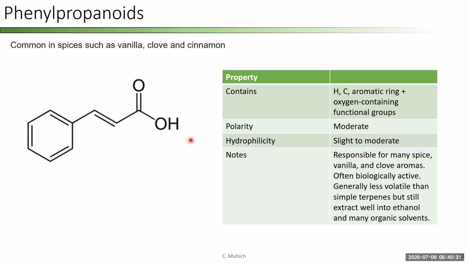So two things: an oxygen group and a benzene ring. These tend to be moderately polar, moderately hydrophilic, and like I said, these are responsible for the experiences we get with a lot of spices. They're generally biologically active, but are less volatile than the terpenes, and we generally extract them using ethanol or other alcohols and organic solvents.